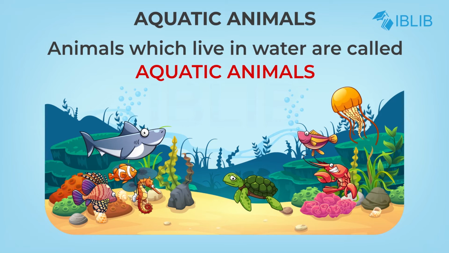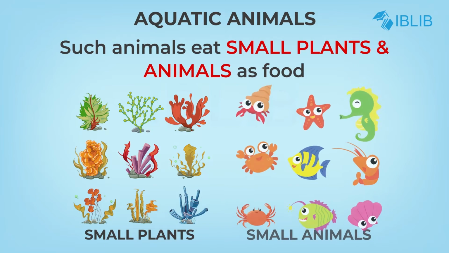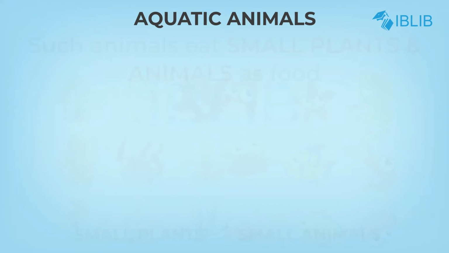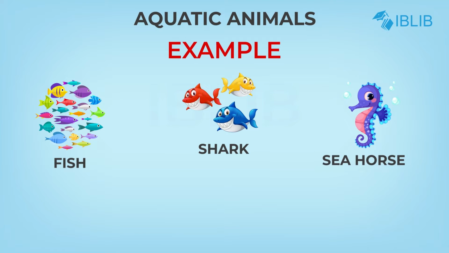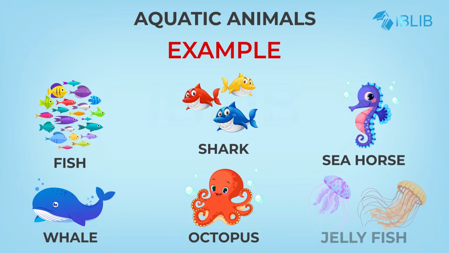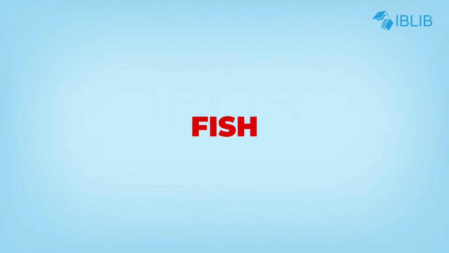Animals which live in water are called aquatic animals. Such animals eat the small plants and animals as food. Fishes, sharks, seahorses, whale, octopus, jellyfish are some aquatic animals.